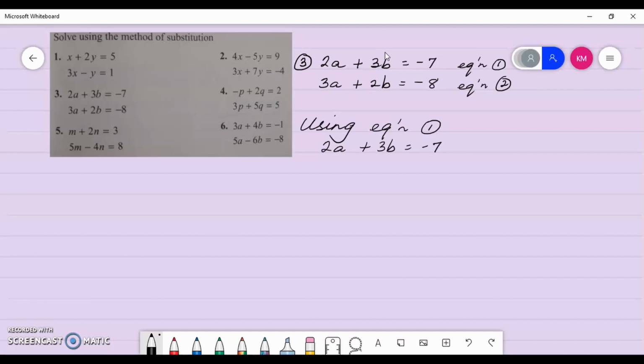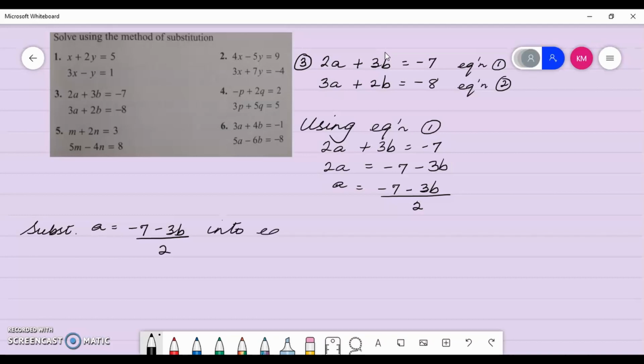I'm going to decide that I want a to be the subject, so I get 2a is equal to negative 7 take away 3b. So a is going to be (negative 7 take away 3b) divided by 2. Now, my next step, substitute a is equal to (negative 7 take away 3b) over 2 into my next equation, which is equation 2.